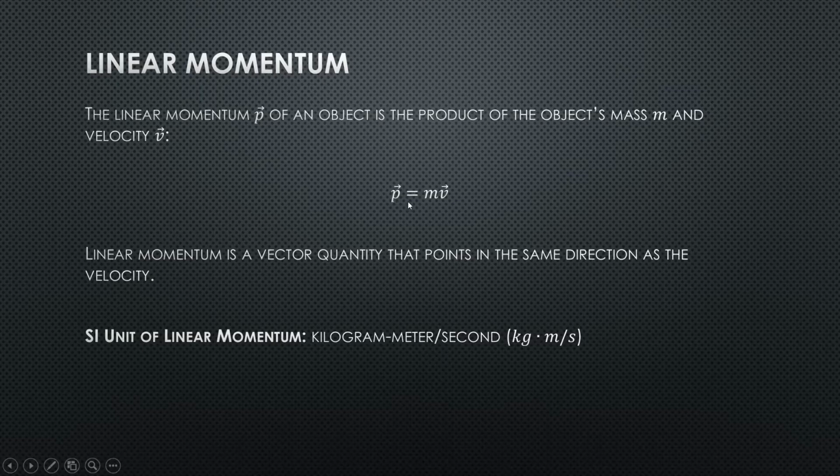So linear momentum is simply mass multiplied by velocity. It is a vector quantity that points in the same direction as the velocity. The SI unit of linear momentum is kilogram meter per second, since mass is in kilogram and velocity is in meter per second.